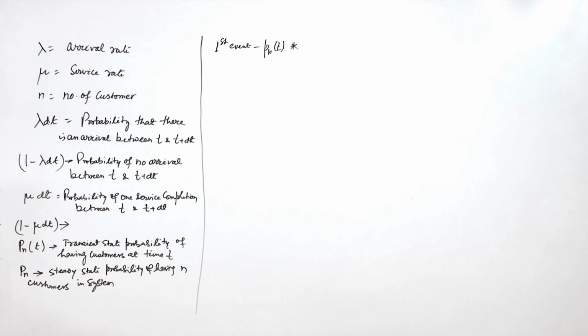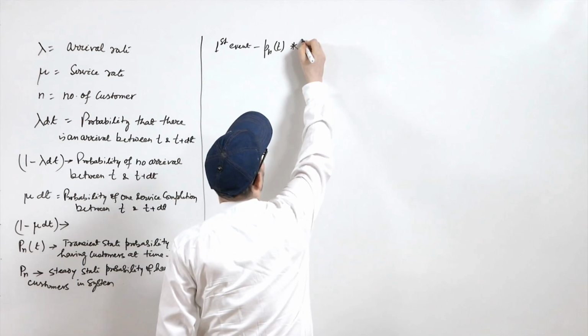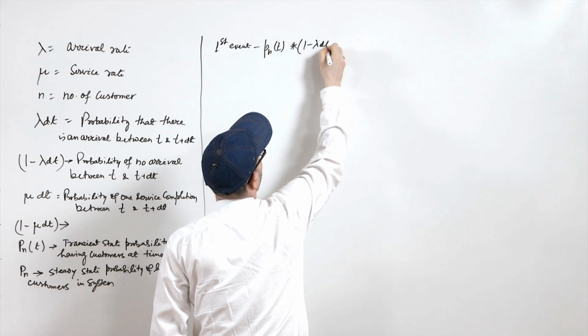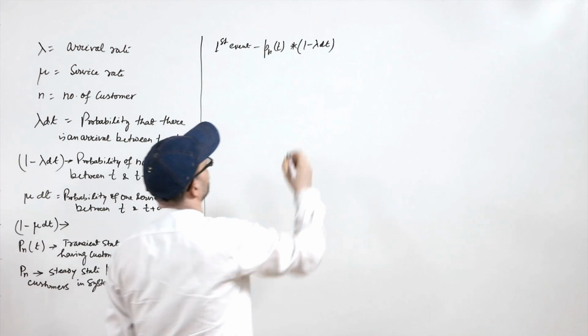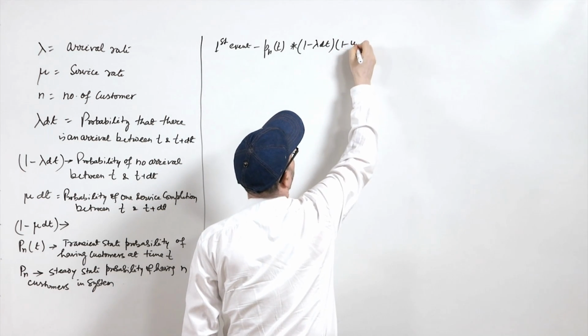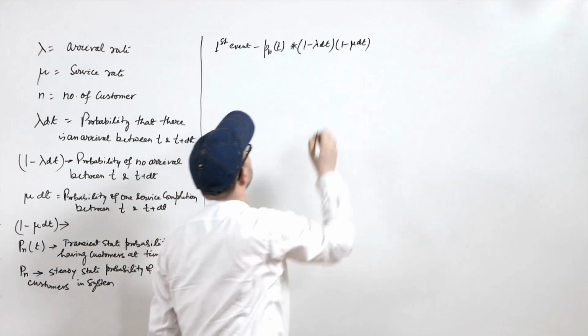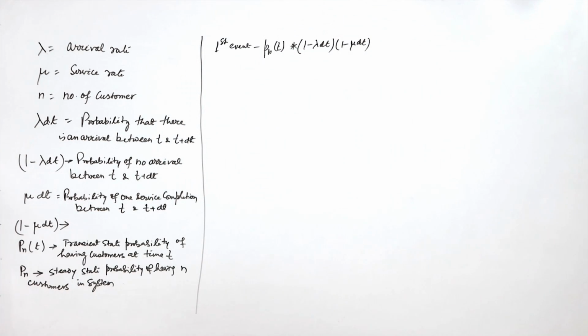For number of arrivals 0, as we see, you have probability as 1 minus lambda dt. And you have number of services also 0, so it means 1 minus mu dt. So, this is the probability of the first event.